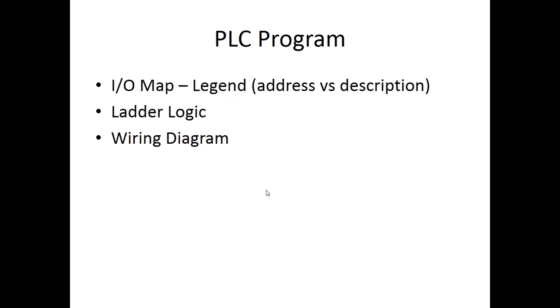On the PLC programs, what you need to be turning in is your documentation. So you want to do an IO map legend, and this is your address, I:1/1, versus a description. Maybe that is PB1 or proximity 1. So your IO map and your legend is your description.